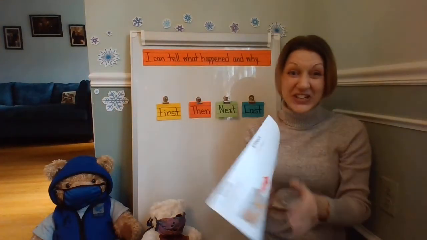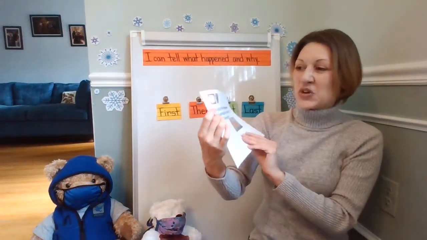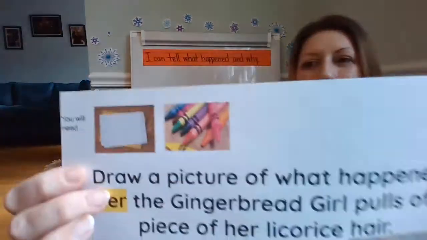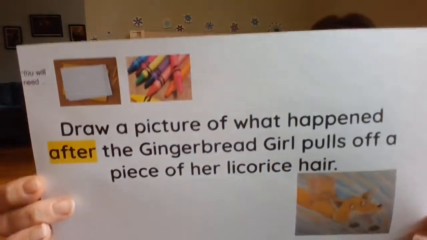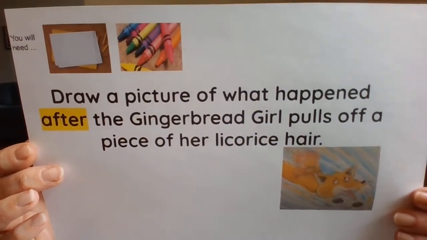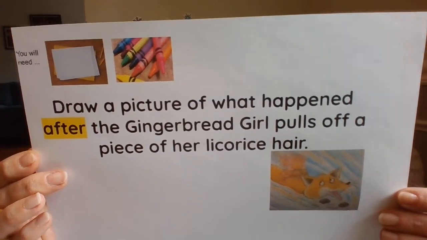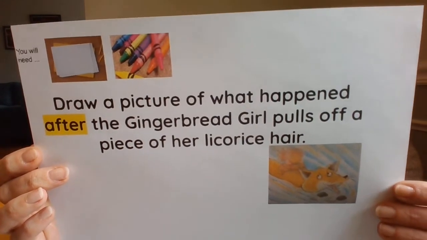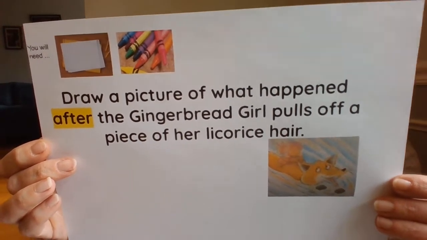Okay, so what you're going to do right now is you need to get a couple of things. You will need paper, pencil, and crayons. And here's what you're going to do. Draw a picture of what happened after the gingerbread girl pulls off a piece of her licorice hair.